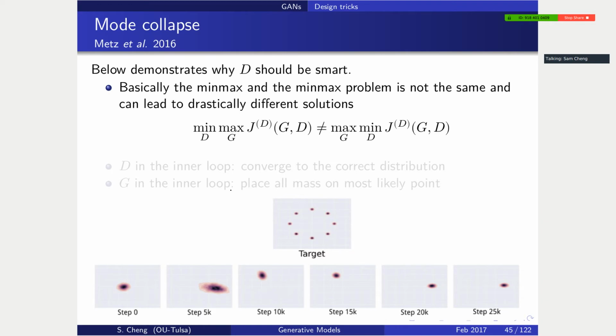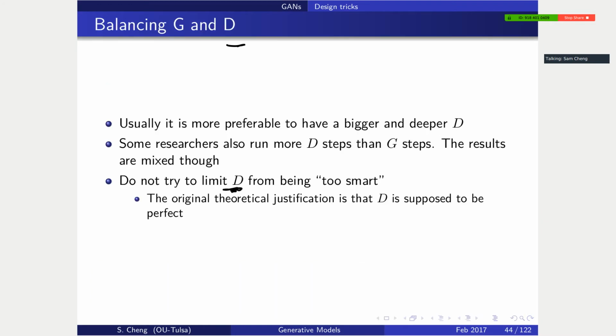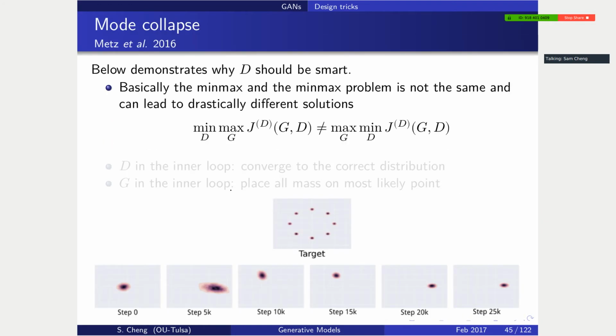Actually, something interesting is that you have this game theoretic problem here. Of course we have the cost for the generator and the cost of the discriminator, both of them trying to minimize their own cost.